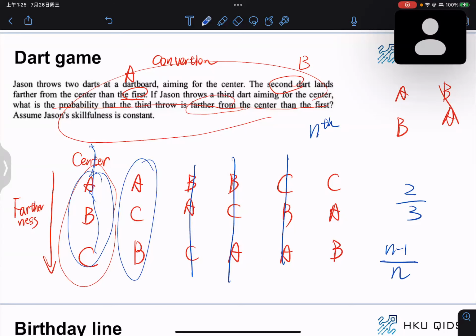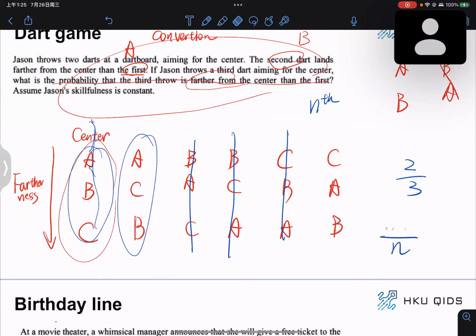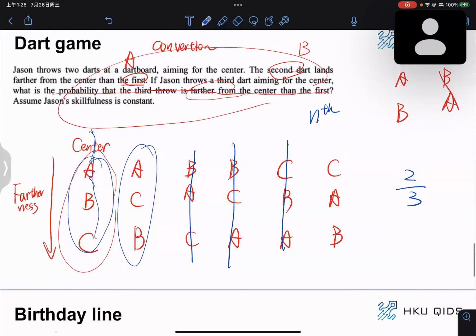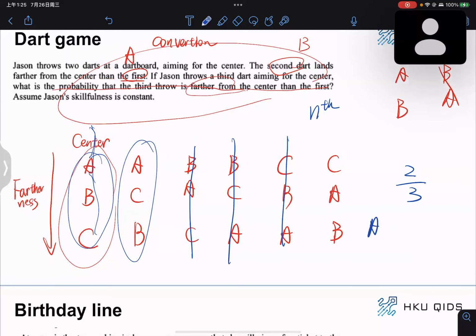And in fact, okay, let me rewrite this. Let's say A is the best of all n throws, and now we are considering the n+1 throw, right? This is what we are considering.